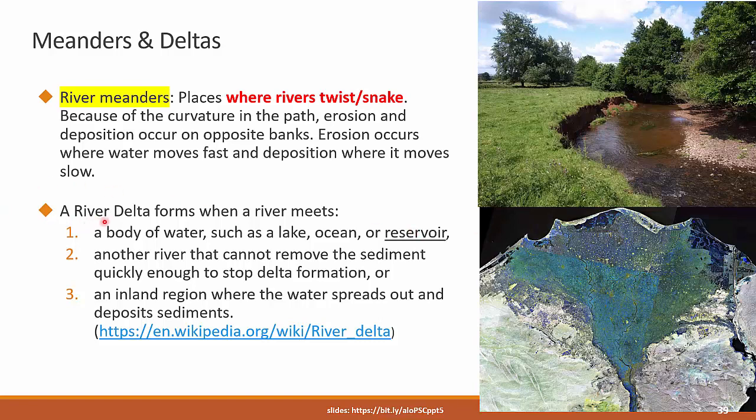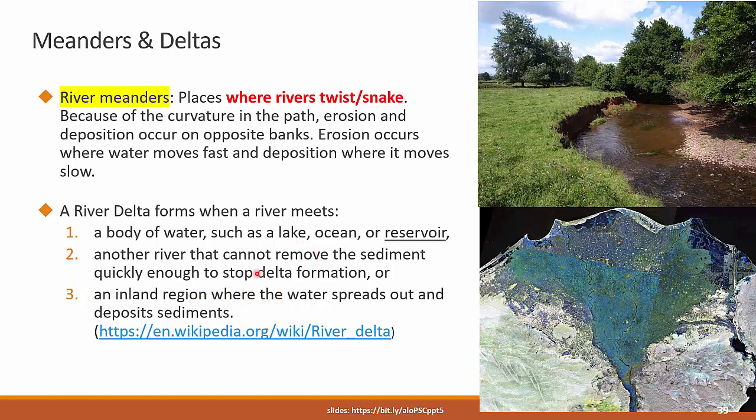A river delta is going to form whenever a river meets a body of water like a lake, ocean, or reservoir. A river delta also forms whenever a tributary meets a large river, and sometimes in an inland region in the river.